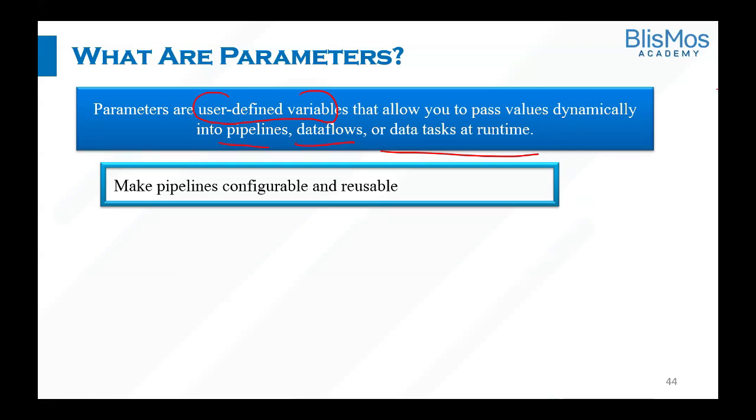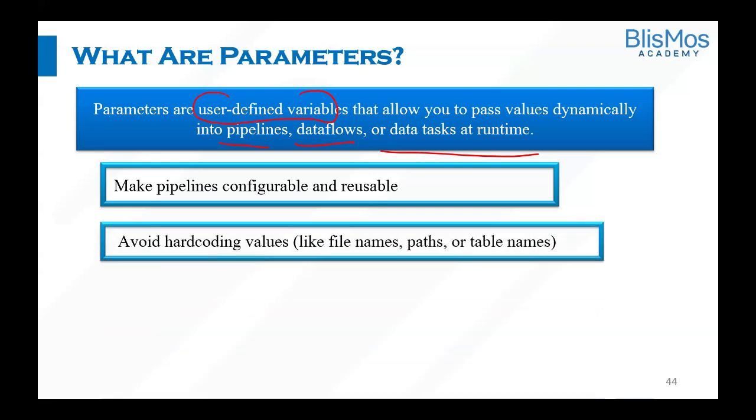In a way, they help us to configure the pipeline and make the pipelines reusable. For example, file name is a parameter, path is a parameter, table name is a parameter, which we provide in the pipelines, data flows, and data tasks.